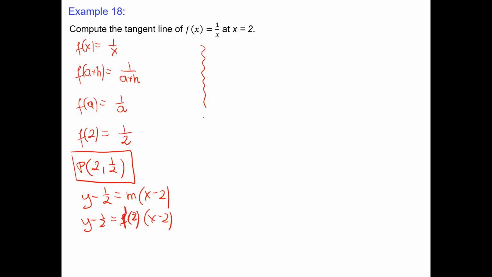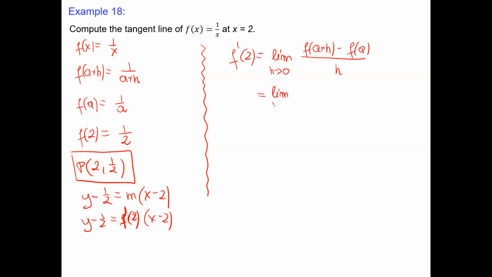Okay, we did a little bit of evaluation. f prime at 2 is the limit as h approaches 0 of f of a plus h minus f of a over h. The limit as h goes to 0 of f of 2 plus h minus f of 2, over h. Let's replace. f of 2 plus h is 1 over 2 plus h, minus 1 over 2.